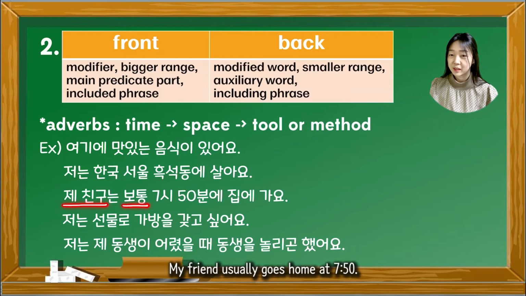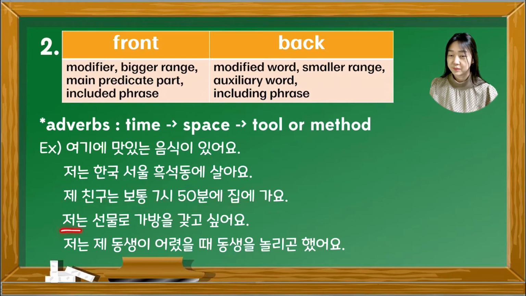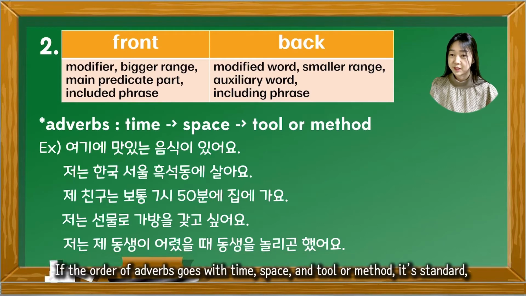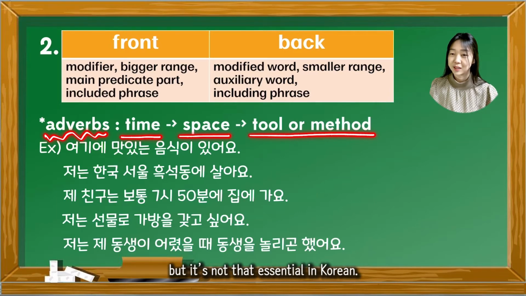My friend usually goes home at 7:50. I want to have a bag as a gift. When my brother was young, I used to tease him. If the order of adverbs goes with time, space, and tool or method, it's standard, but it's not that essential in Korean.